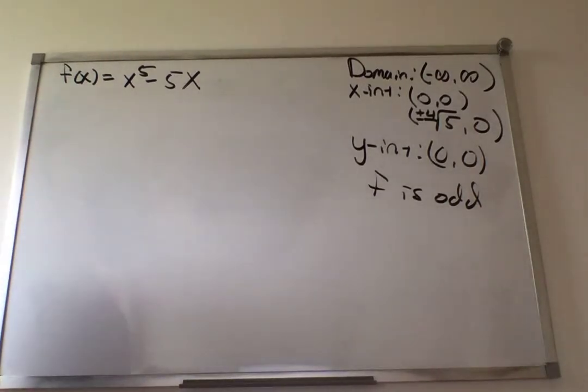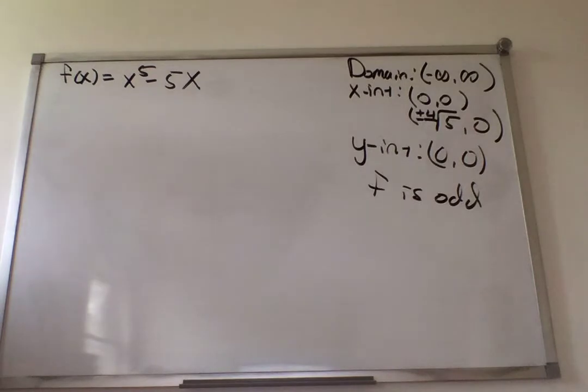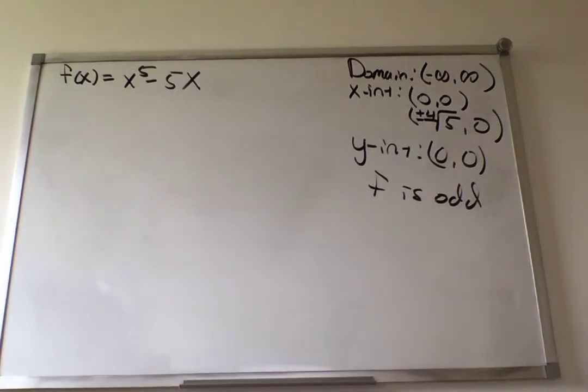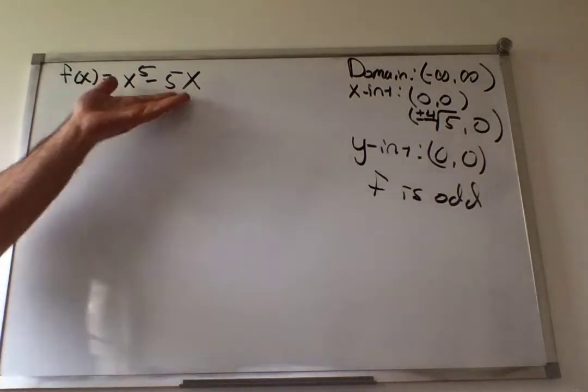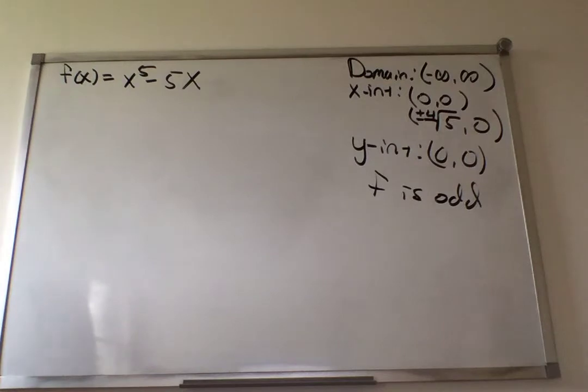Now let's see. Find asymptotes. Okay? This function does not have any asymptotes. To find vertical asymptotes, you would set the denominator equal to 0 and solve. Okay? This doesn't have any denominators. So we cannot do that.